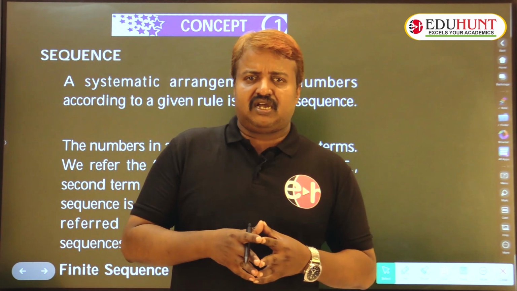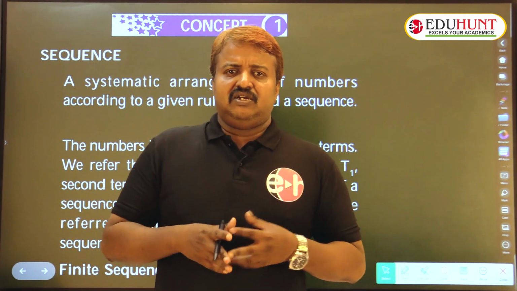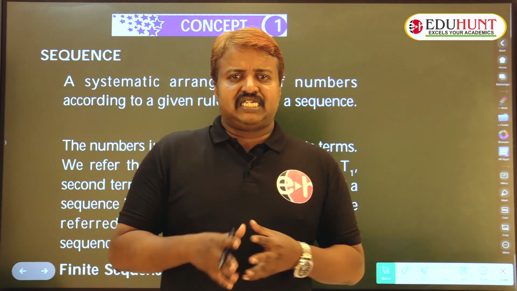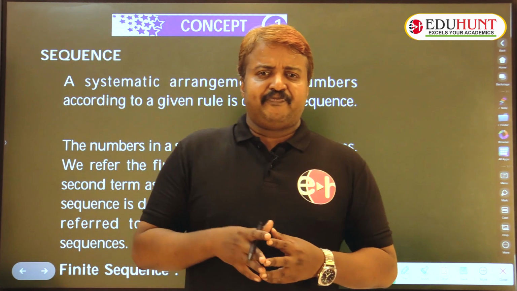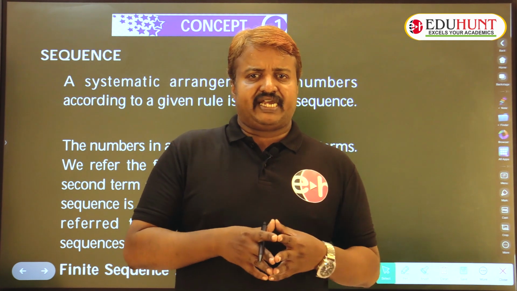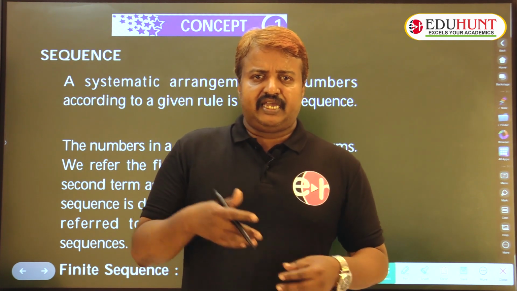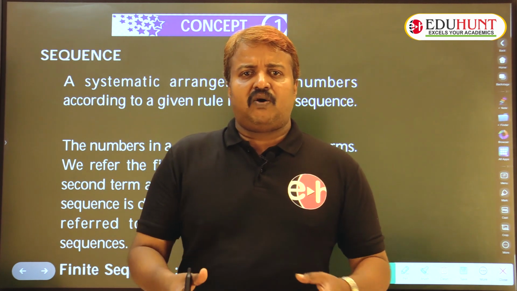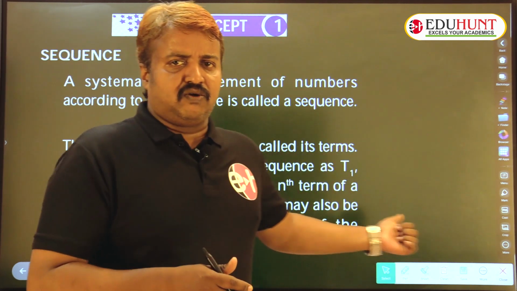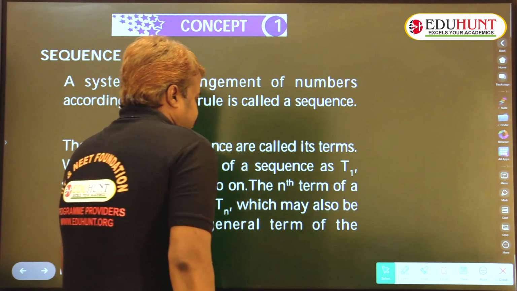Previously we discussed which types of sequences: what is a sequence, finite sequence, infinite sequence, and series. In that we have several problems and examples. After that, we will get the same basic model sums in worksheet number 1. So now we can go through the concepts.